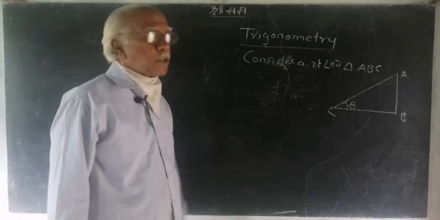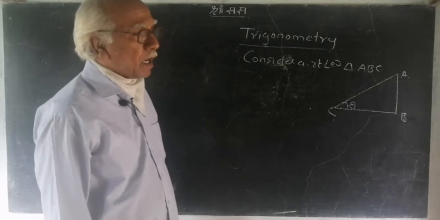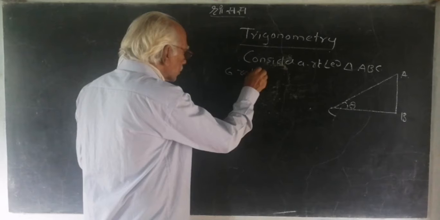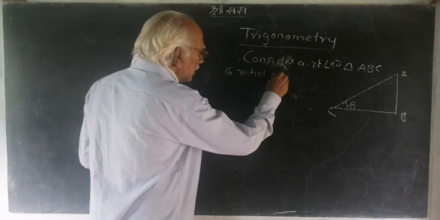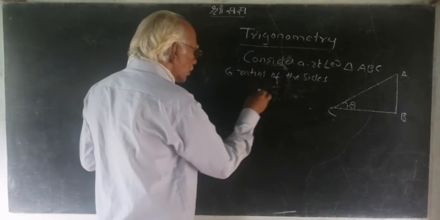How many ratios can we have? We will have only 6 ratios. Which are those ratios?